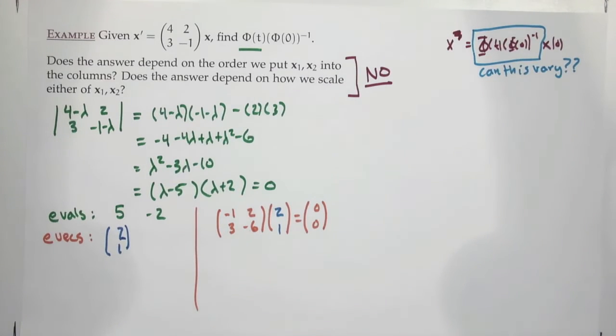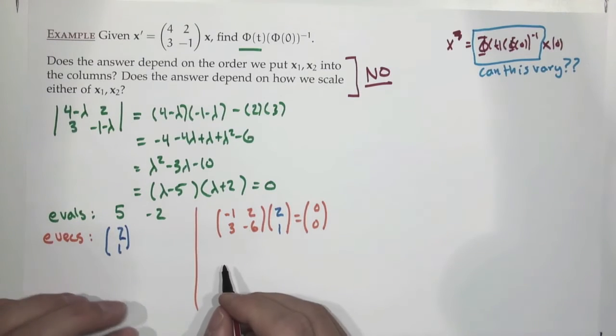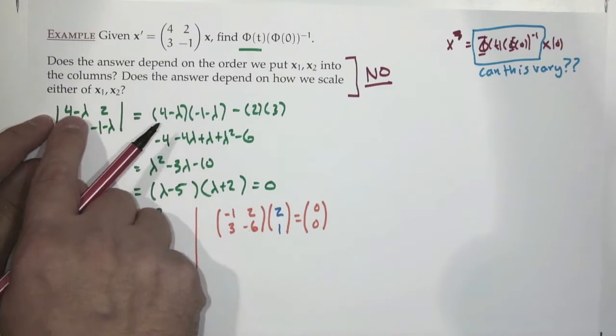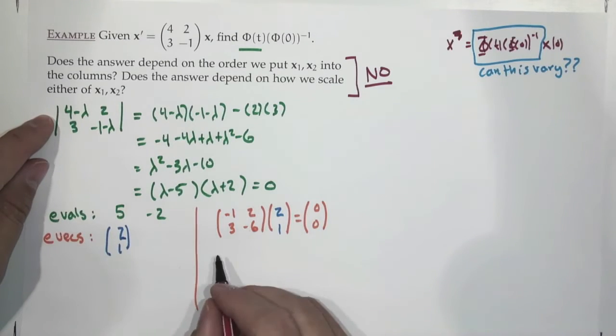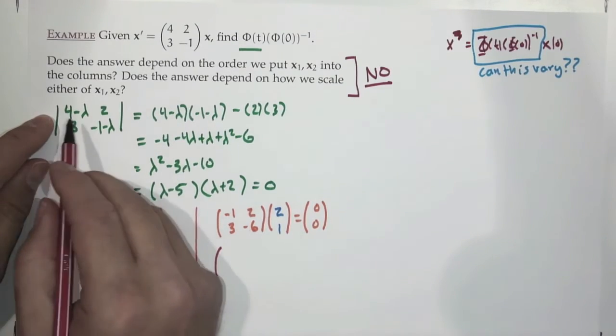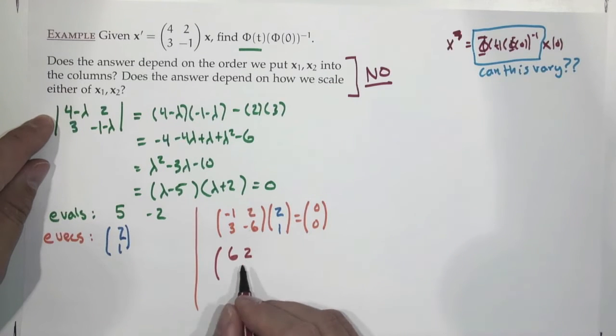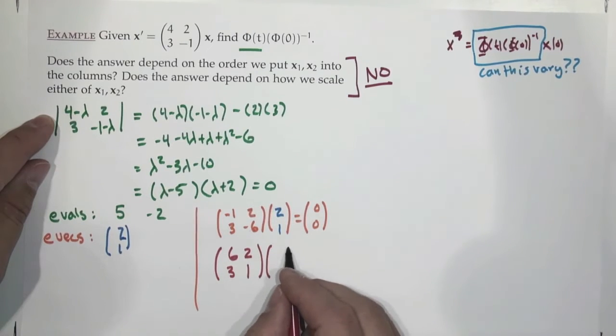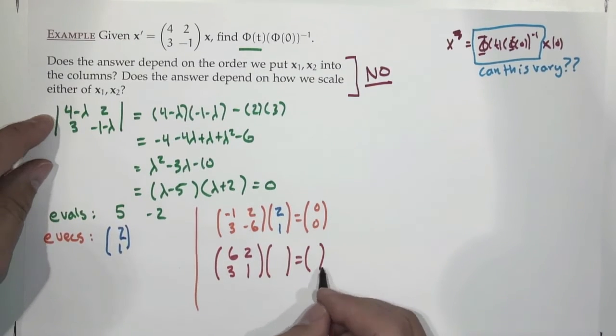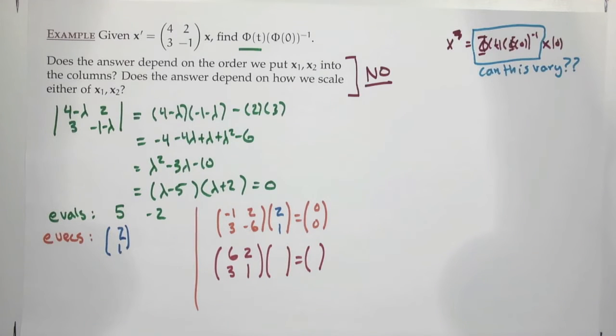All right. Now, we'll do a similar thing for negative 2. So we'll go to our A minus lambda I, but we're putting in lambda equals minus 2. So minus lambda becomes plus 2. So 6, 2, 3, 1. We're looking for some vector that once we multiply by 6, 2, 3, 1, we get the 0 vector out.